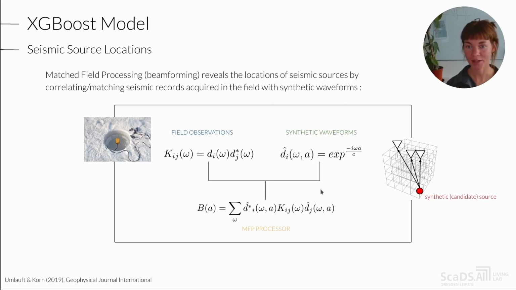And on the other hand, we generate synthetic waveforms. This can be done in simple ways, but also in very complex ways. We decided to use a simple phase term here to compute our Green's functions, or our wave equations here, which is basically a phase.